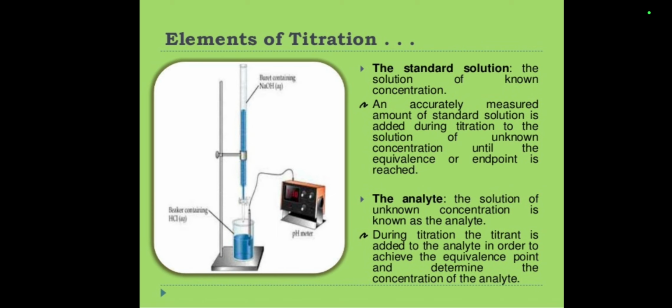Here, as you can see in the illustration, this is how to picture the experiment itself by titration. We have to use different laboratory apparatuses: a ring stand, a calibrated burette, and a beaker. There are two reagents involved in titration: NaOH and HCl. NaOH is the standard solution or the titrant.